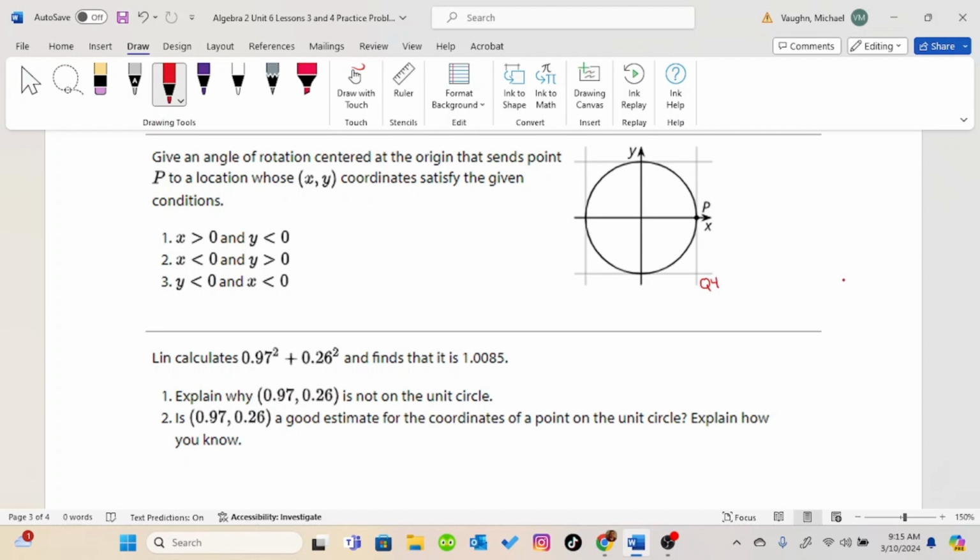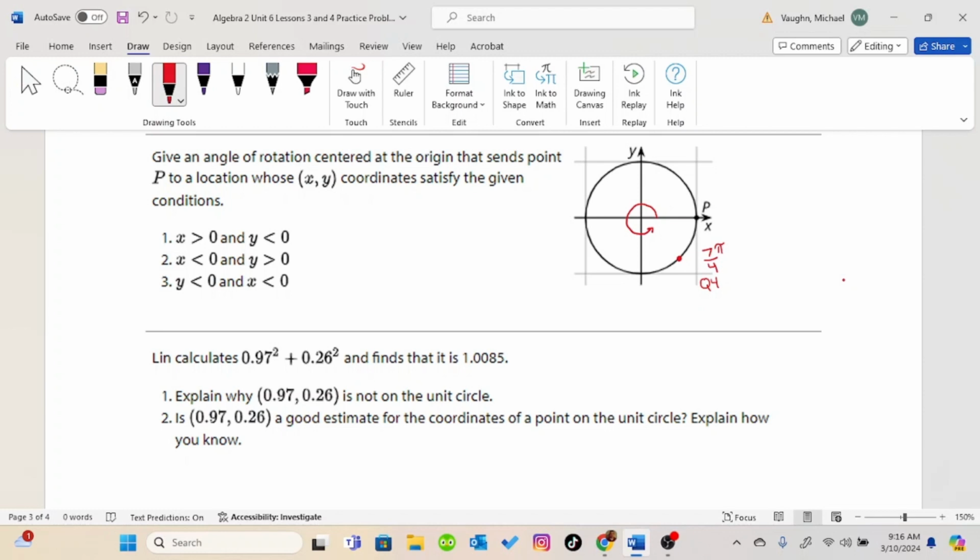So if I need an angle, I'm going to rotate around to pi, around to 3/2 pi, and continue around until I hit 7/4 pi.